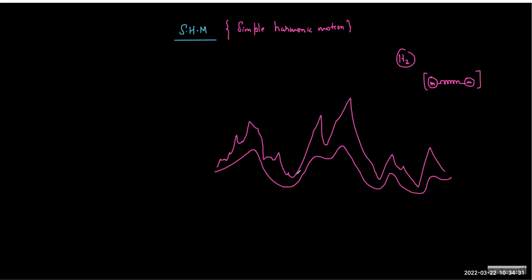If you break it down into simpler ones, what you will get is SHM. So any complex vibration in nature is basically composed of multiple SHM of varying frequency. Each SHM will have a different frequency, and when you superimpose them, this will happen.